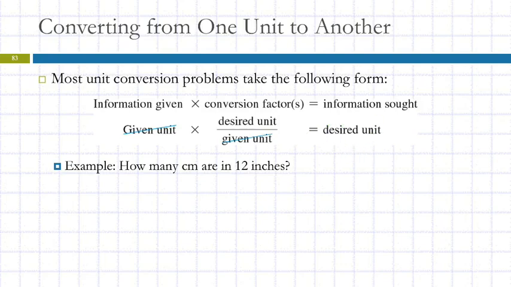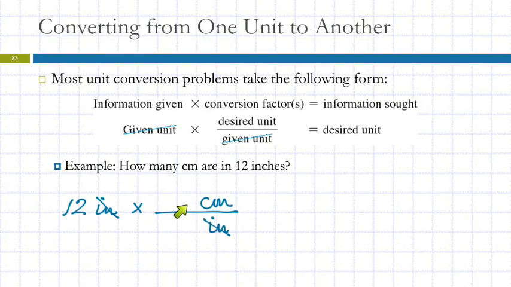So let's do an example here. How many centimeters are in 12 inches? What I'm given is 12 inches. And I'm going to use a conversion factor. I want to put the desired unit on top. The desired unit is centimeters. And I want to put the given unit in the bottom, inches. Because now inch divided by inch cancels out, goes away.